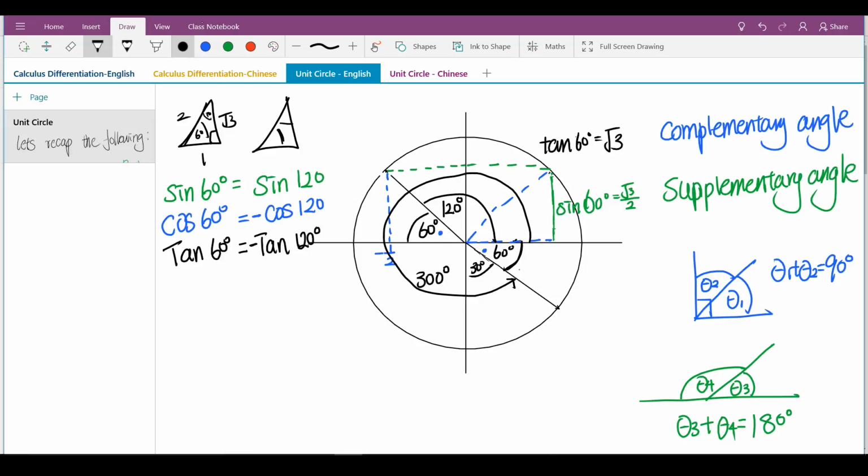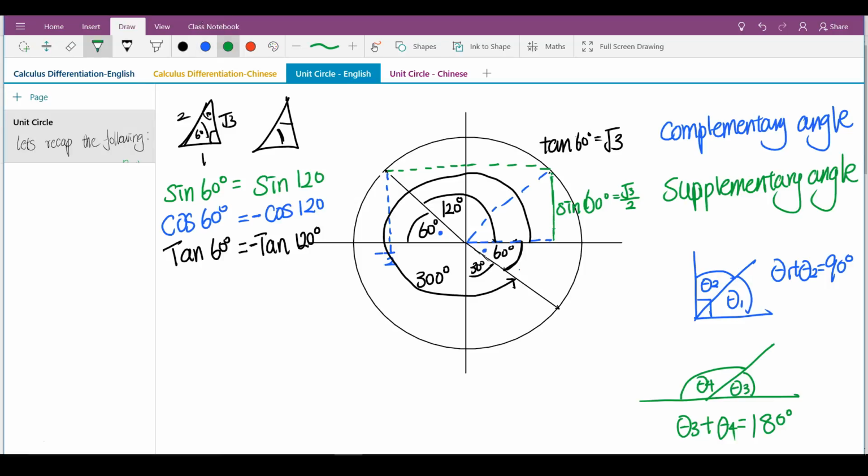But mind you, the complementary angle of that would be 60, the 60 angle here. So we can actually use this 60 because we have exact values for sine, cosine, and tan of 60. So let's look at that.